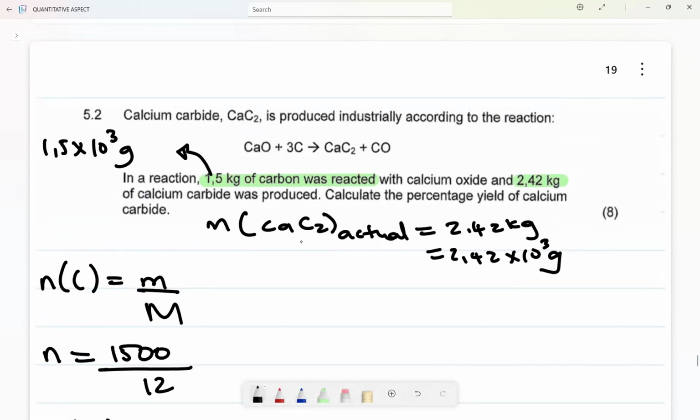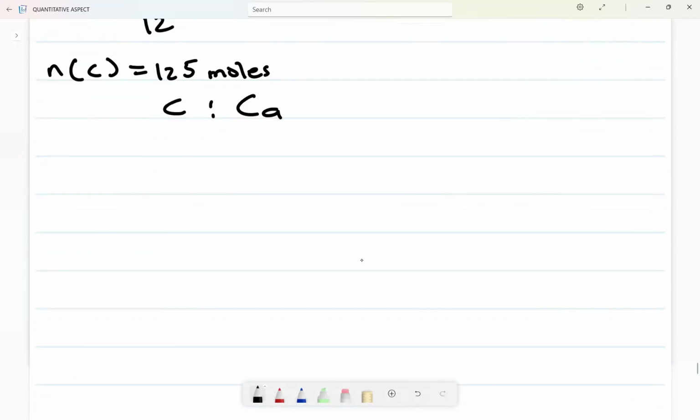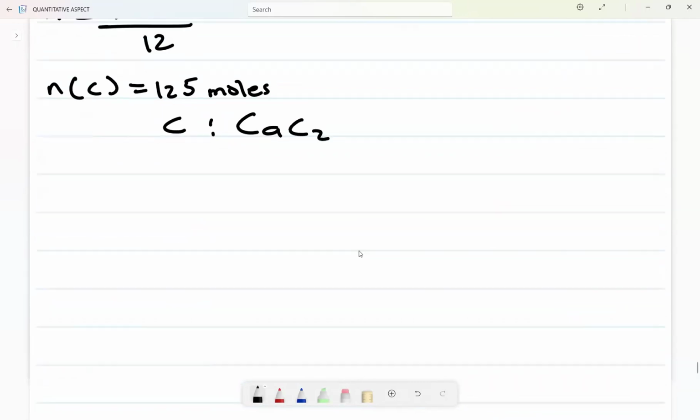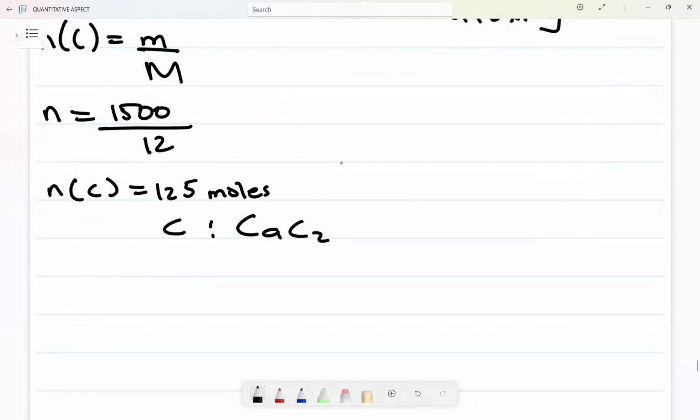The unknown, remember, I need to calculate calcium carbide. That is theoretical, so I just want the moles of calcium carbide. Now, the ratio is 3:1. Mole ratio 3:1.